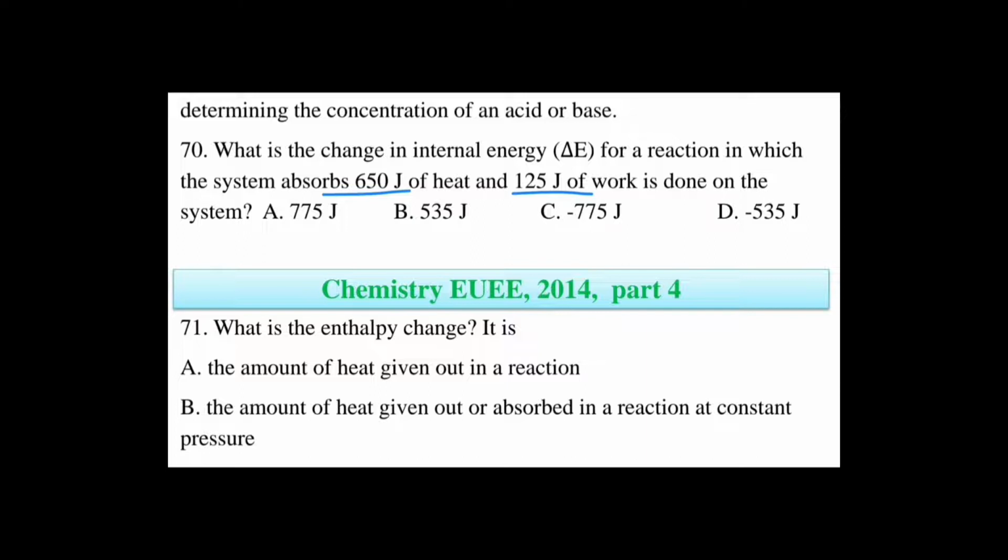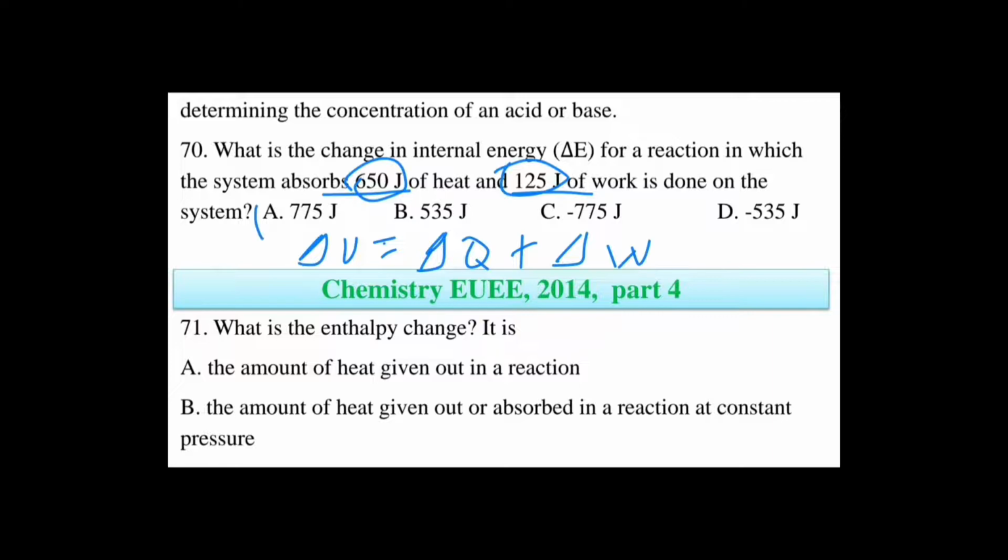The system absorbs heat from the surrounding, so it is positive, and work done on the system is also positive. So change in internal energy equals change in Q, or heat, plus work done. Since both are positive, we add the two numbers directly.